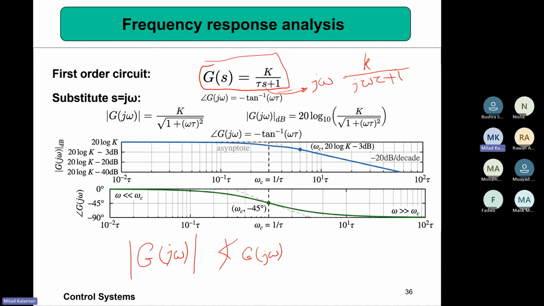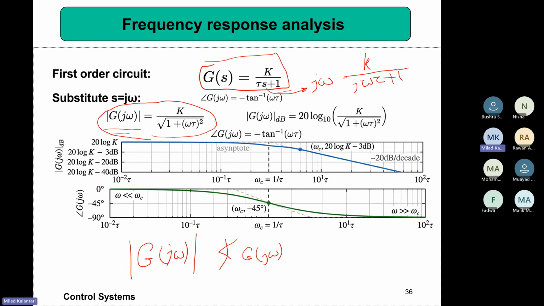So in this case, for the first order, the amplitude, or the magnitude of G, basically is this. If you simplify this complex function and try to find the absolute or magnitude value, it will be like this.